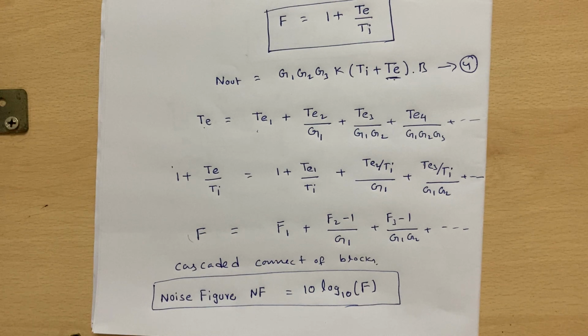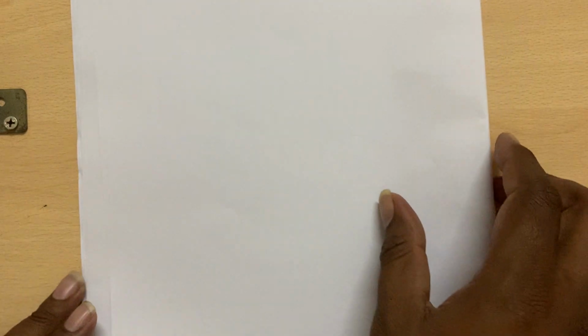The last topic of this part is receiver sensitivity. We have discussed earlier that the receiver needs a minimum power in order to have a link between transmitter and receiver.